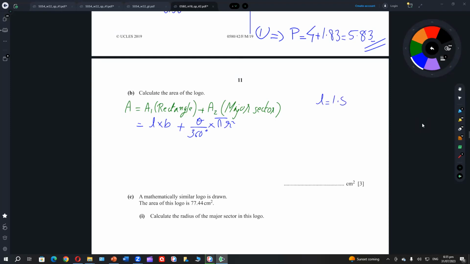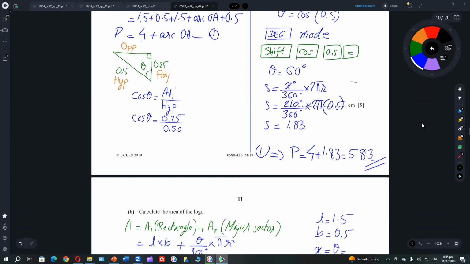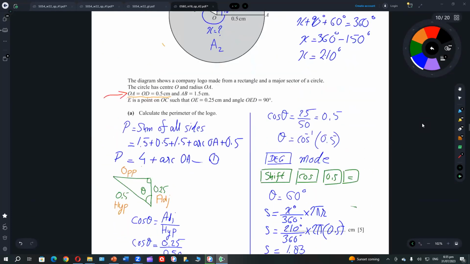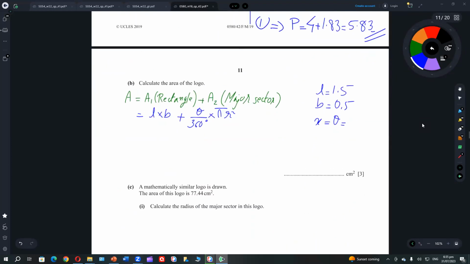Length is 1.5, breadth is 0.5, angle is 210 and radius is 0.5. I put all the values for you and you are supposed to find the area. Just solve it. Solve this calculation.